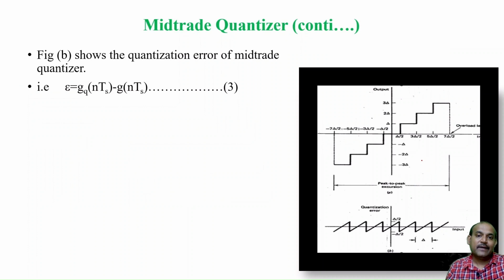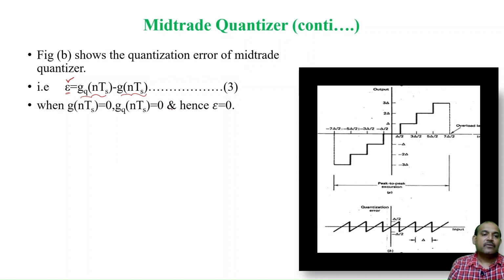Now I will define what the quantization error is. Epsilon I represent: this is the output, the quantized value, minus the actual input. If I take the difference, I will get the error. If the input is the same as the quantized value, then the error will be 0.